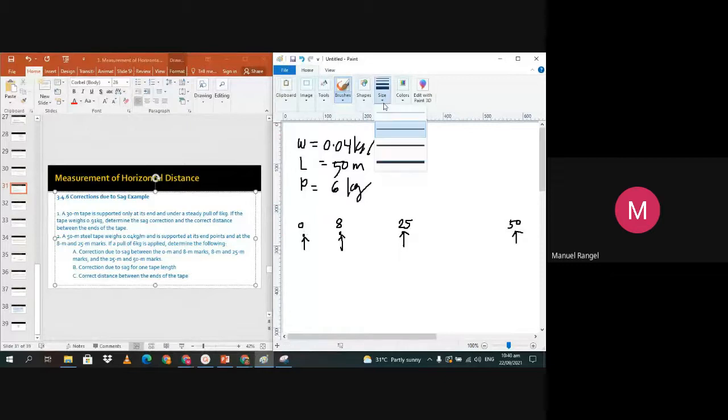Okay. So, from 0 to 8, then 8 to 25, and 25 to 50. And this is the horizontal distance.